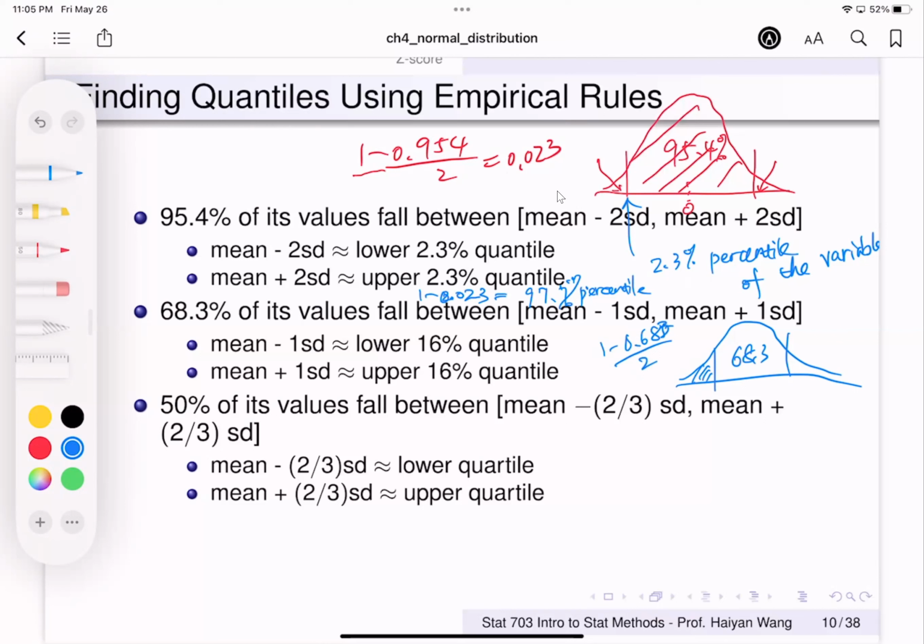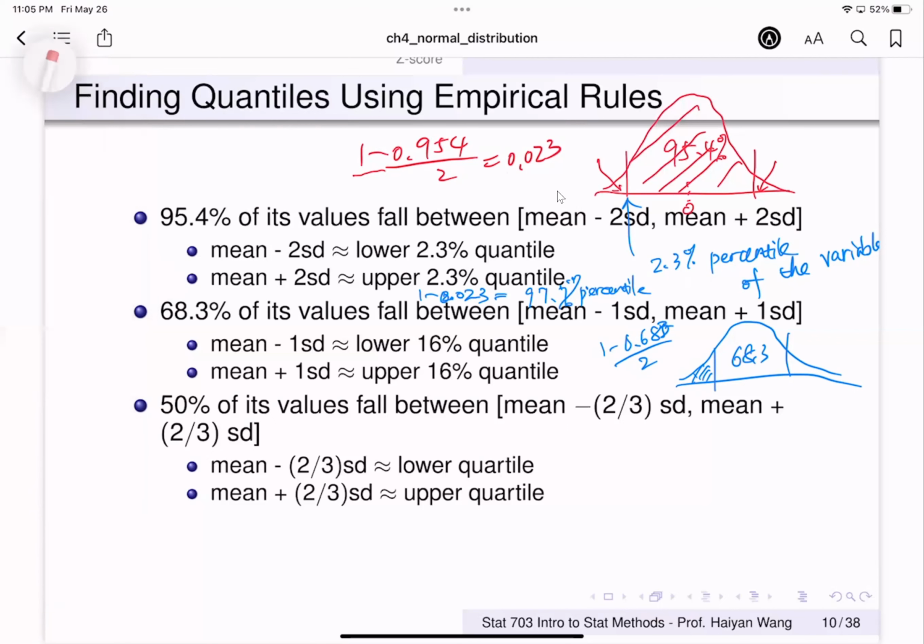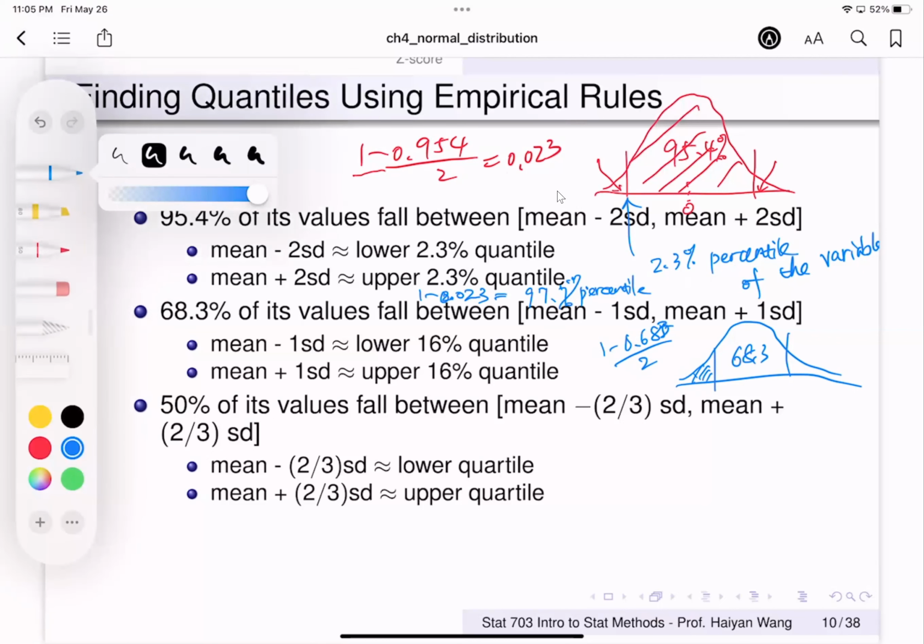That's about 16%. And then we know that the value around here is the 16th percentile. I can write 16th percentile. And similarly, the other side would be the 84th percentile. You can also say it's the upper 16th percentile.